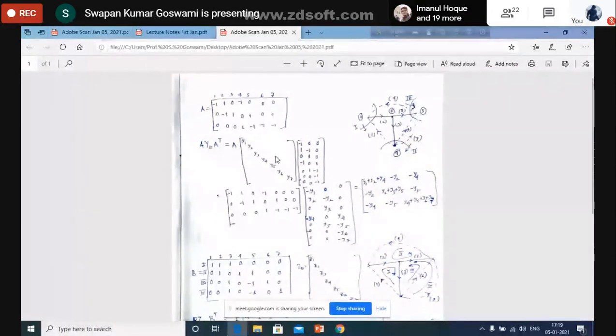Let us write the product here, and I shall be rewriting the A matrix here. If you multiply this matrix by this one, then this will be the result. Please check whether it is correct or not. This diagonal matrix has to be multiplied by A transpose, then probably we will get this matrix.